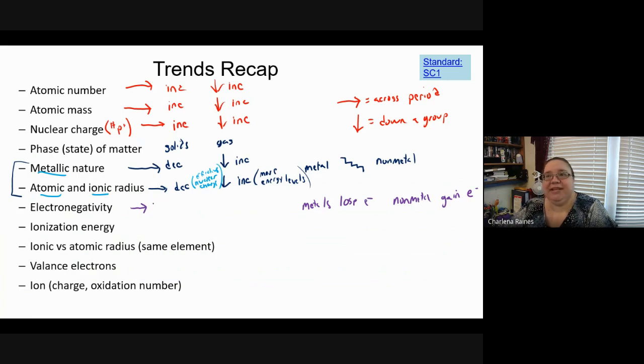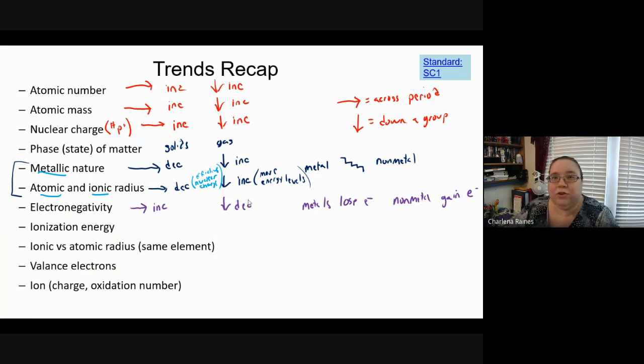So the pattern we see is that as we go across the periodic table, my electronegativity increases. We get more electronegative because our radius is getting smaller, and smaller elements are easier to attract electrons. But if you think of it in terms of metals giving away electrons and nonmetals gaining electrons, you can get to the same place. As I go down a group, my electronegativity decreases.